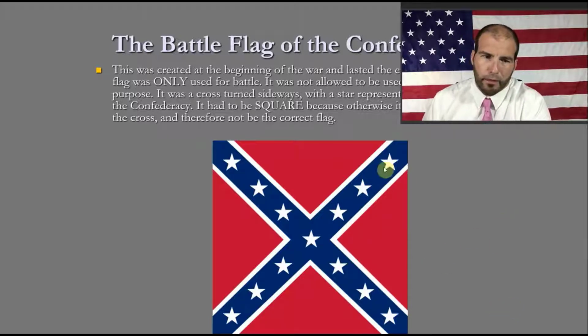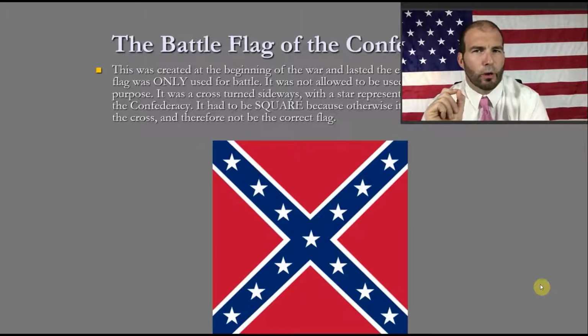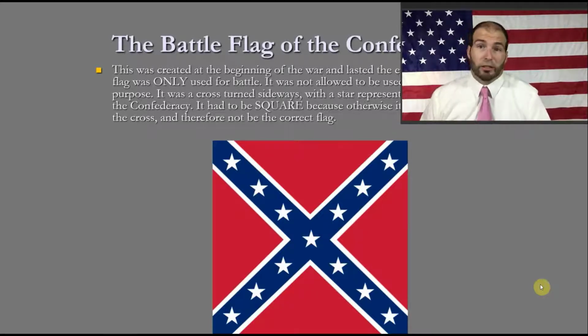Now, the cross here is St. Andrew's cross, and it's a cross turned sideways. This is what is frustrating, because I was under the impression, with all the history that I have, that this was St. Andrew's cross turned sideways. There are some arguments now that it's not based on a cross, and there's no Christian meaning to it.